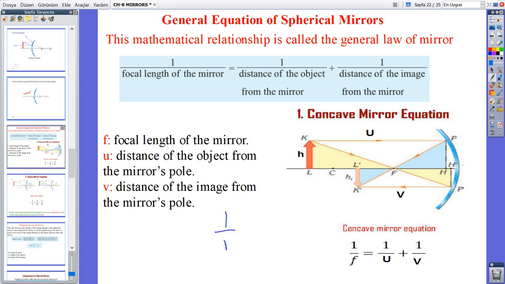1 over f, meaning the focal length of the mirror, equals 1 over u.